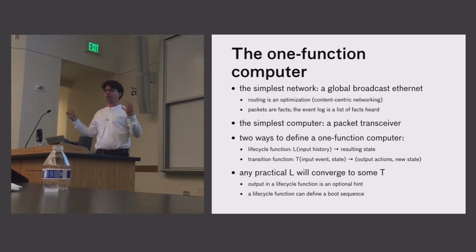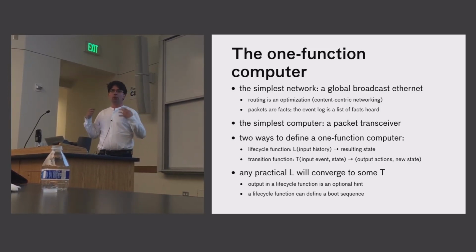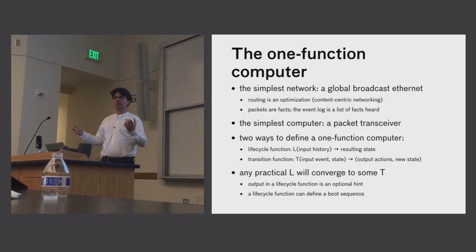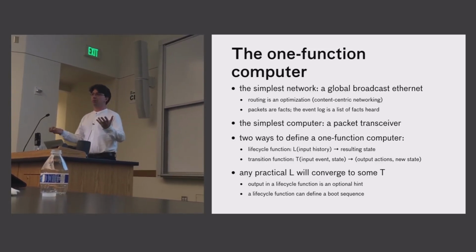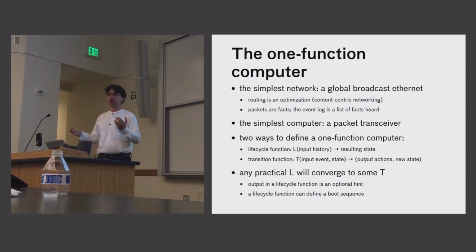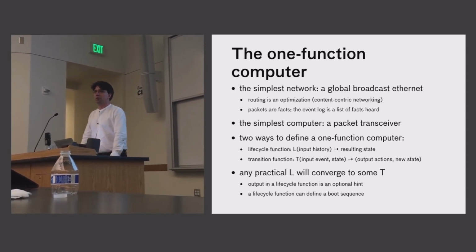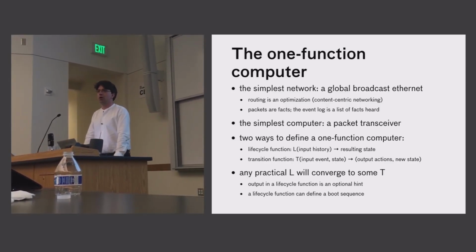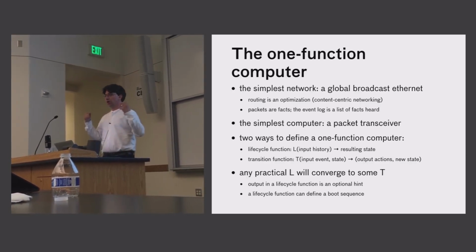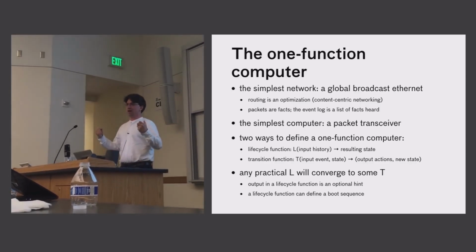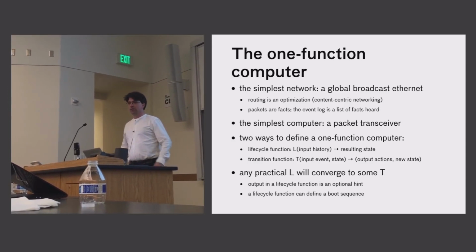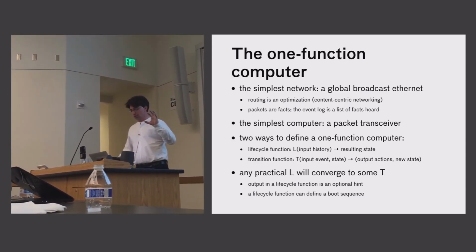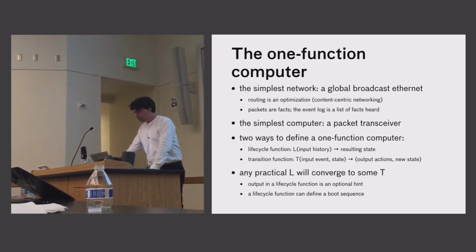Then you can say to this global party line, hey, we would like to optimize this, and you get back to routing. But routing is basically an optimization in, Van Jacobson has this great term, a content-centric network, where you're ignoring who sent you the packet. It doesn't matter. What matters is what's in the packet. So that's the network perspective on this.